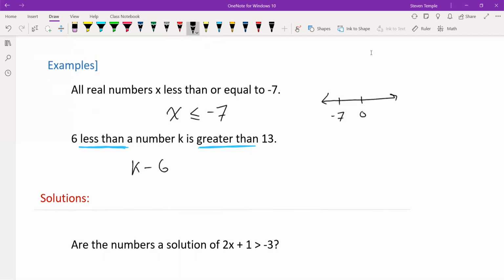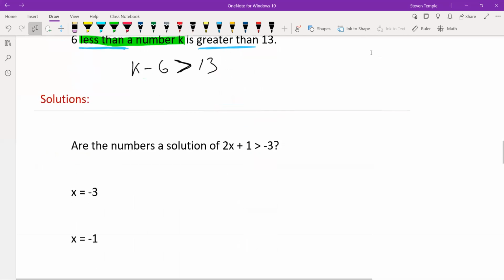You see the "is greater than" part, so I write greater than 13. You have to be careful when you see "less than": here's a less than pertaining to a number k, and then it continues with greater than. So be careful when you're writing these out.